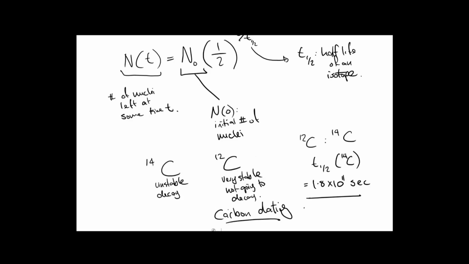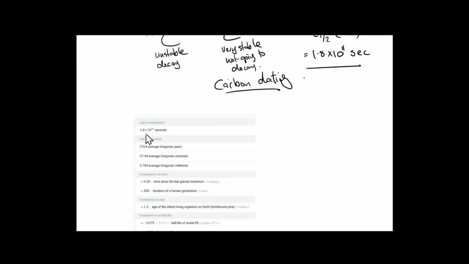Okay, so let's convert that into years. Well, 1.8 times 10 to the 11 seconds is 5,704 average Gregorian years. Quite a long time.